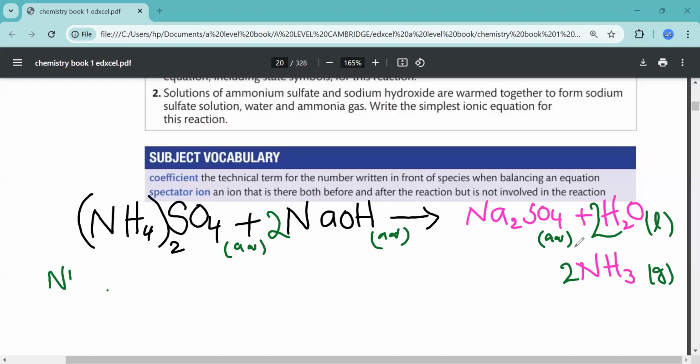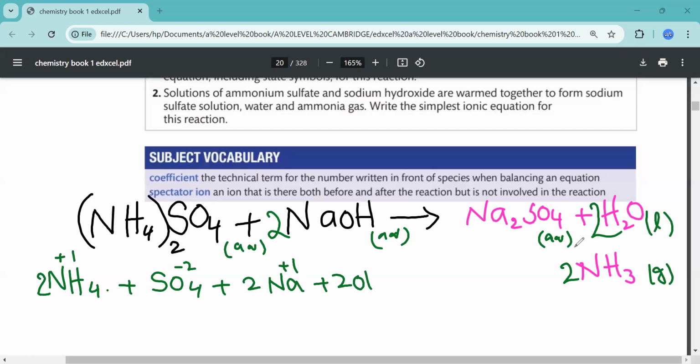So ammonium is NH4, one ammonium carries +1 charge and there are two ammonium, so you will write 2 here. Then one sulfate, SO4 -2. Then 2 sodium ions, each one of them carries +1 charge. 2 OH ions. We're done with the reactants.